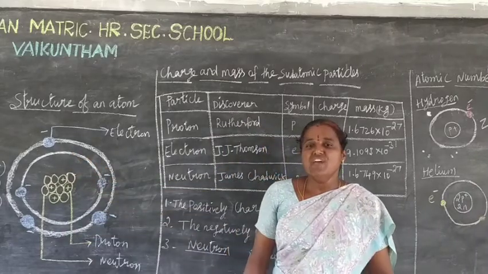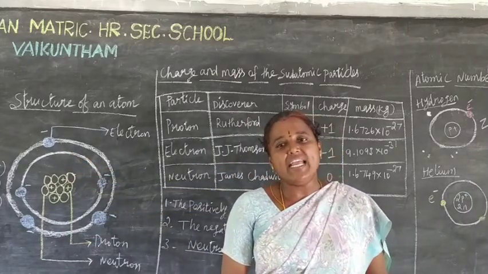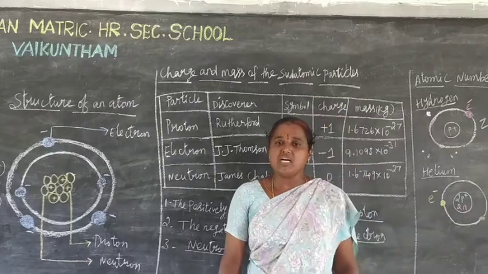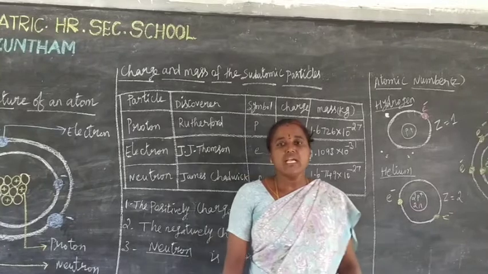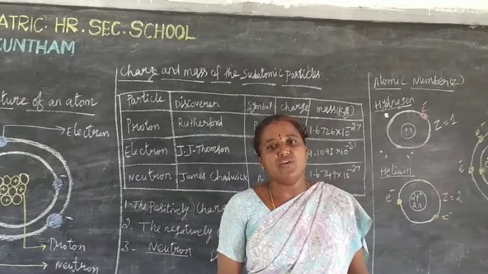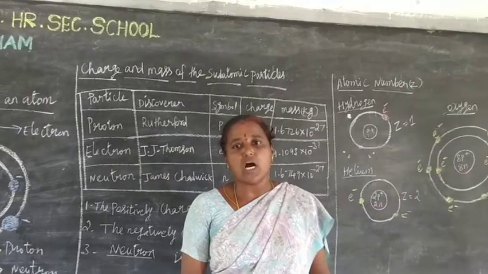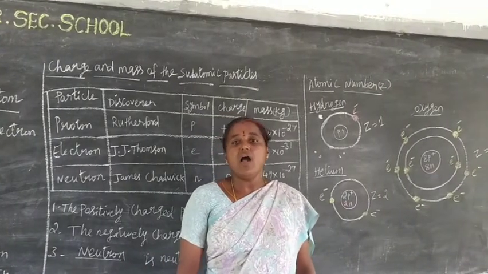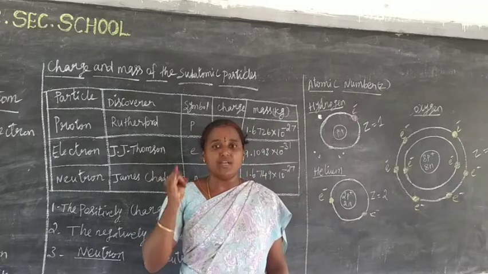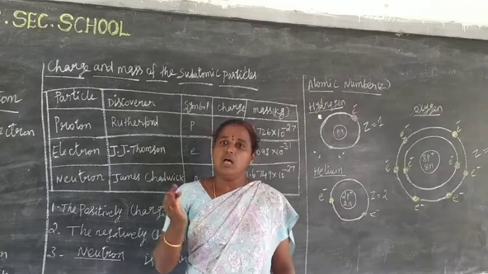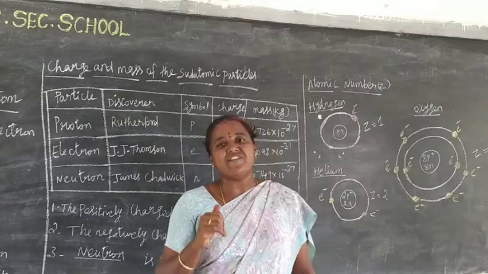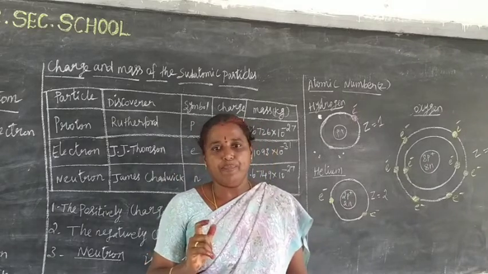Okay, next we will see atomic number and atomic mass or mass number. If all elements are made up of the same type of electrons, protons and neutrons, how does a carbon atom differ from an iron atom?